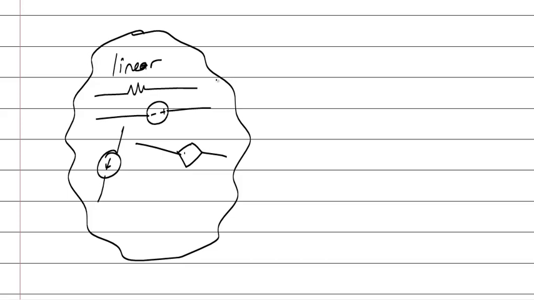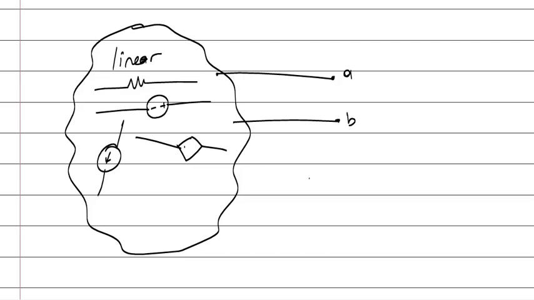Two points from that circuit, points A and B, are extracted. Thevenin method says you can design a simple circuit that contains one resistor and one voltage source.